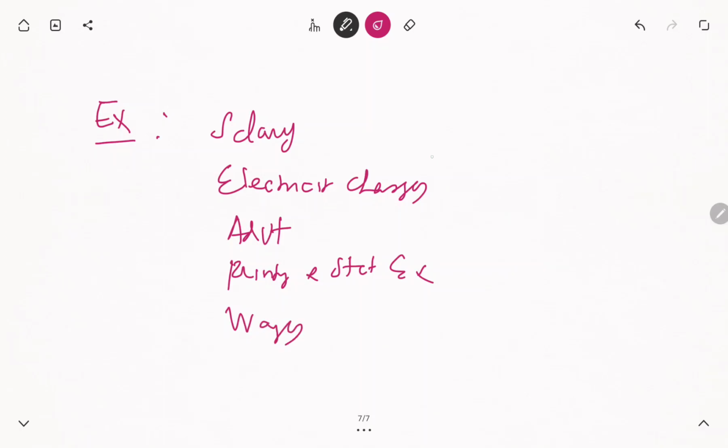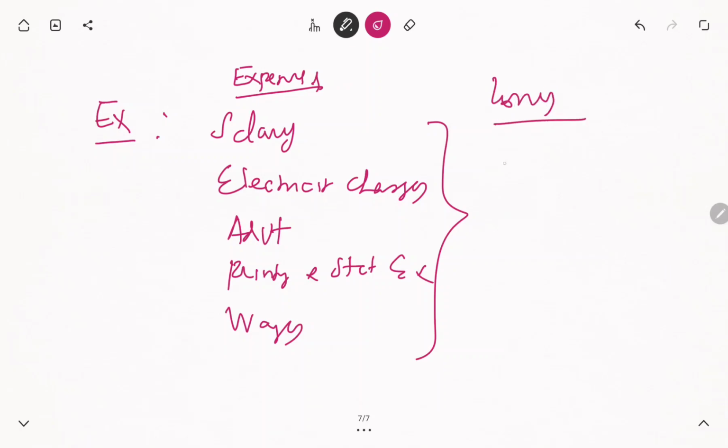These all come under the expenses. Losses: bad debts. These all come under loss. Loss in business, bad debts.